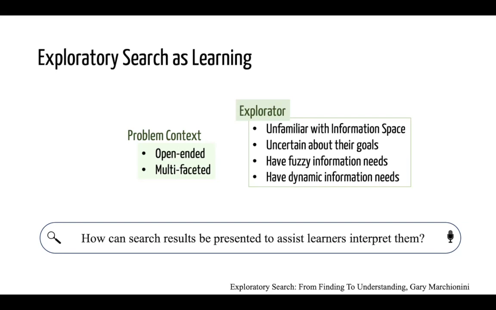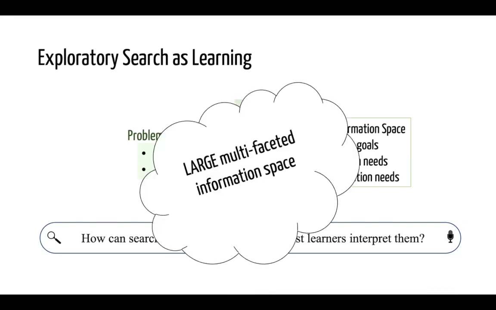And an example of a question that is an exploratory search task is when we ask, how can search results be presented so that we can assist learners in interpreting them? Okay, so given these properties of exploratory search, I want to focus on these two properties.